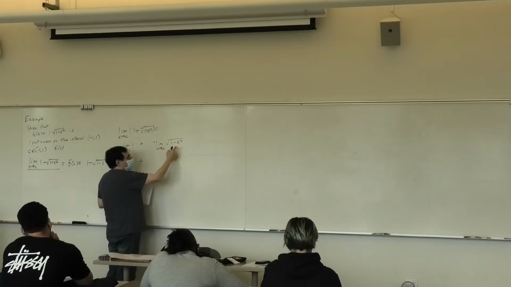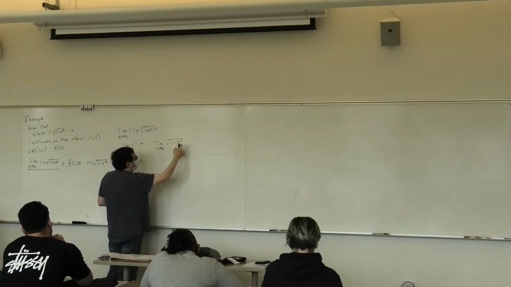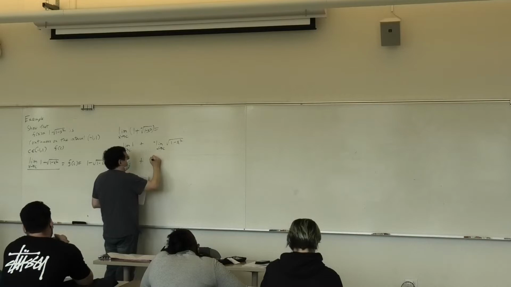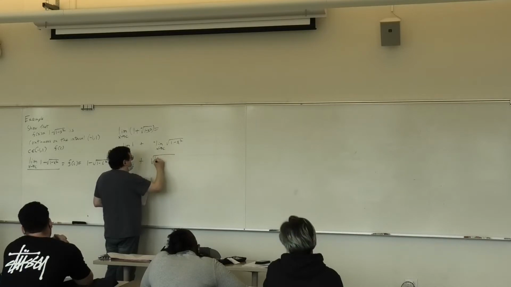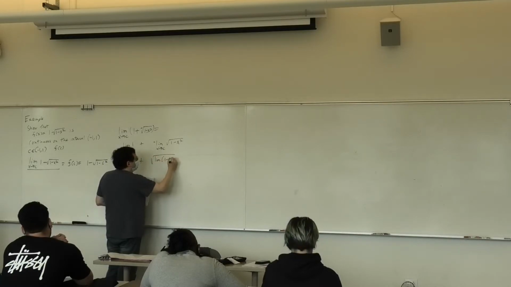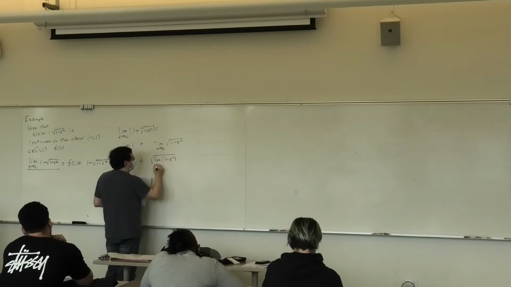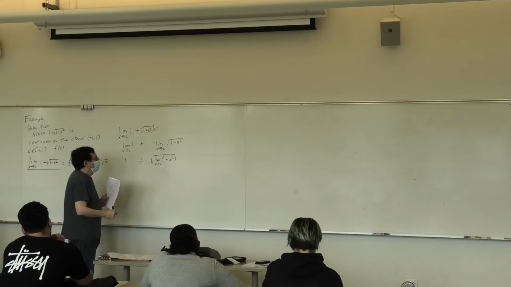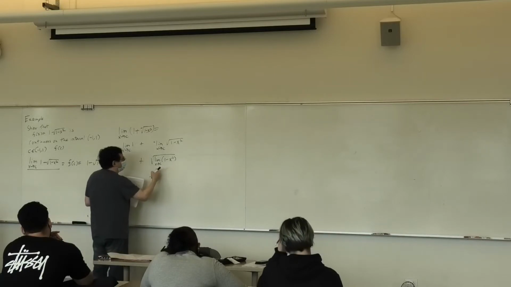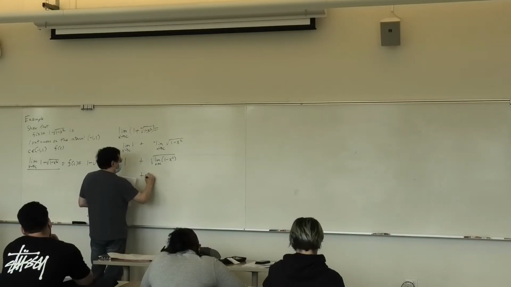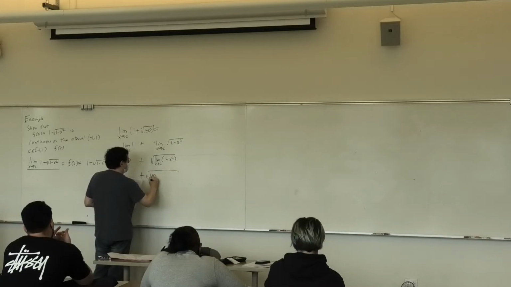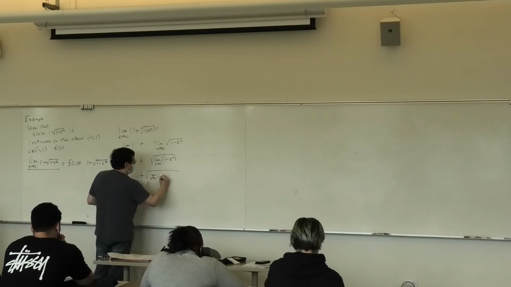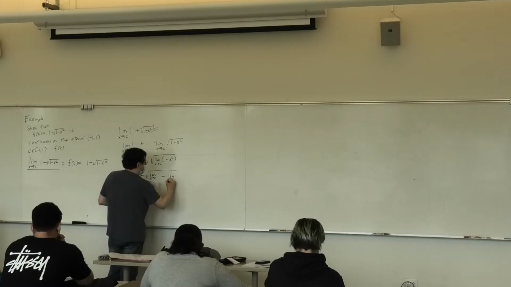Okay, we did have a limit law about roots. The limit as x approaches c of the root of something is the root of the limit, in this case of 1 minus x squared, as x approaches c. And again, we can divide this up: the square root of the limit as x approaches c of 1 minus the limit as x approaches c of x squared.